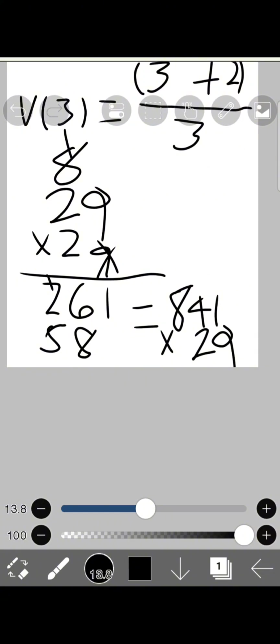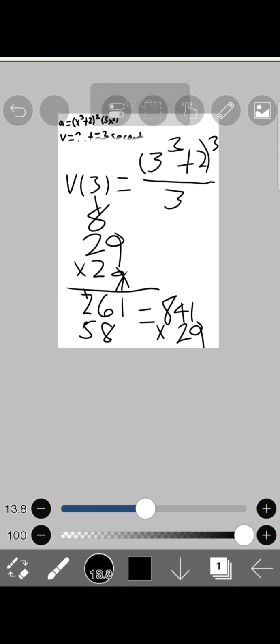So if I am not wrong, 3 cubed plus 2, I meant 3 cubed.